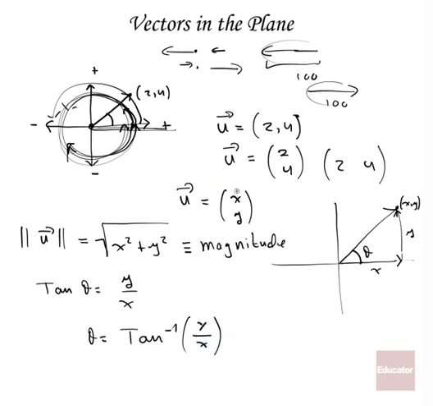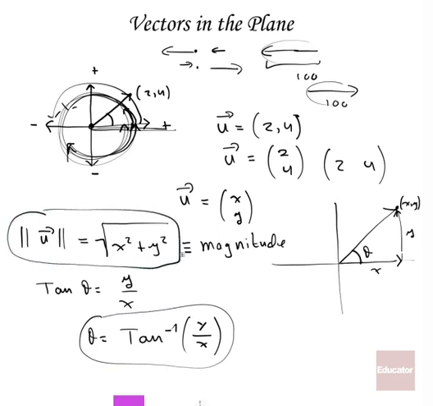So when you're given a vector in this form, you can find out the length, and you can find out the angle that it makes with the positive x-axis. And remember, again, we're measuring that way. Okay?